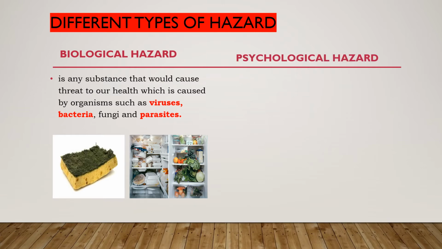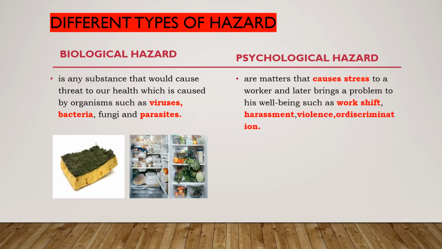The next hazard is psychological hazard. Psychological hazards are matters that cause stress to a worker and later bring a problem to his well-being, such as workload, harassment, violence, or discrimination.